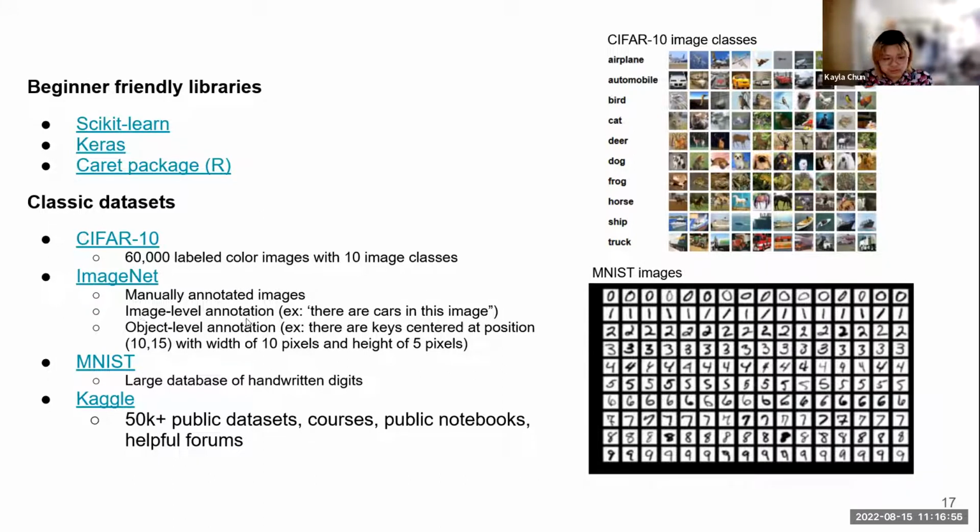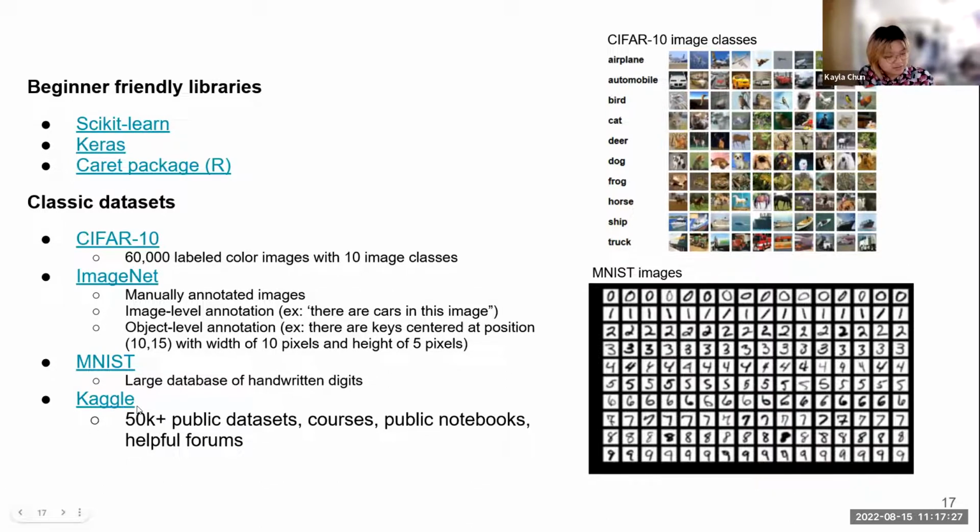There's image level, where it says whether or not this object is in the image. And then there's object level, where they label objects in the image and give you the position, if that's something you're interested in. And then MNIST is this data set here, a bunch of handwritten numbers, and usually people try to classify the numbers based off that.